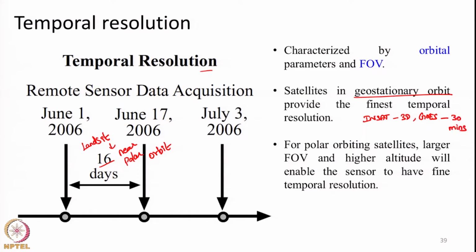This is in geostationary orbit. Now we will look at this particular point. I told you that for satellites in the near polar orbit, the temporal resolution is characterized by orbital parameters and FOV, that is the swath width.